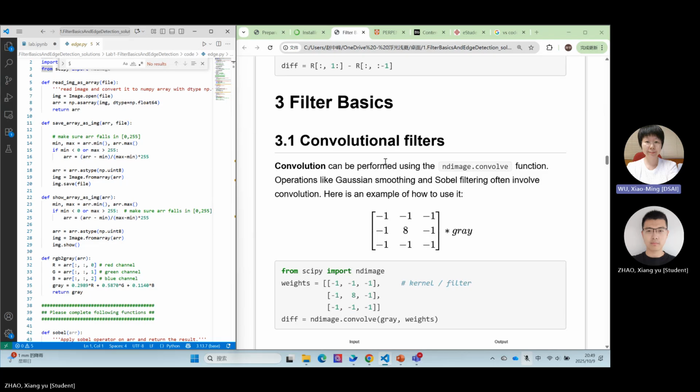Okay, let's see the filter basics. First, I will introduce the convolutional filters. Convolution can be performed using the ndimage convolve function. Operations like Gaussian smoothing and Sobel filtering often involve convolution. Here is an example of how to use it.